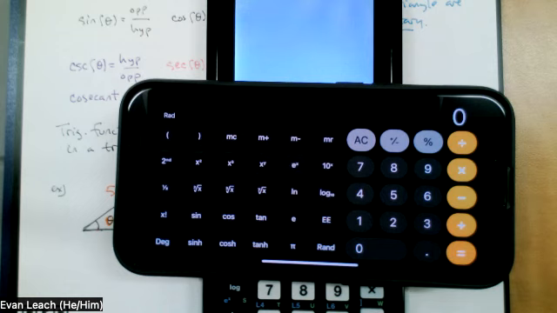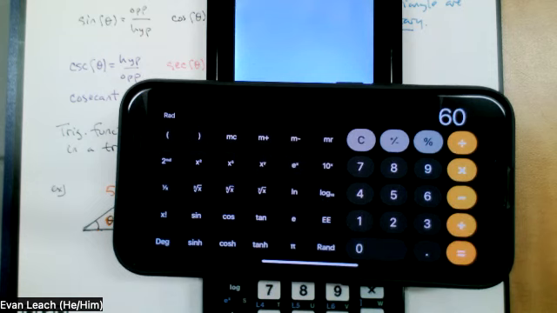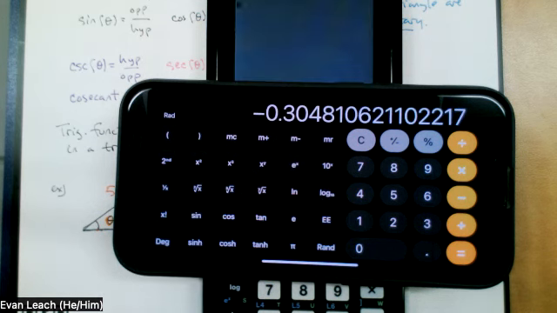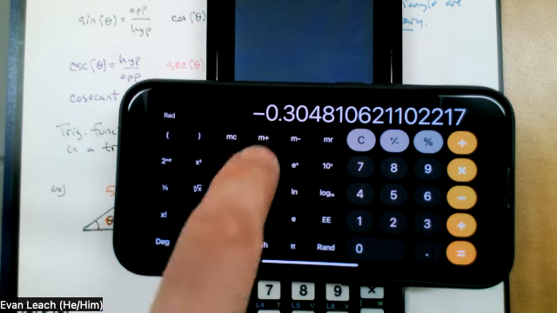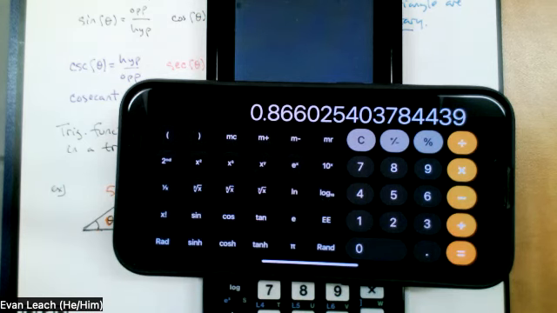Now it's looking at 60 radians, not 60 degrees, so I get a different value. So if you got negative 0.304, make sure you're in degrees so that the sine of 60 will be 0.8660, and then some other stuff.